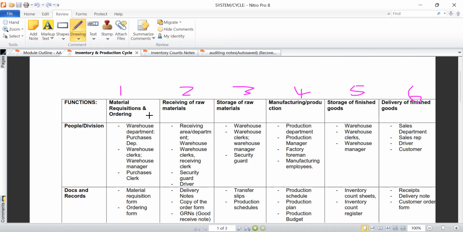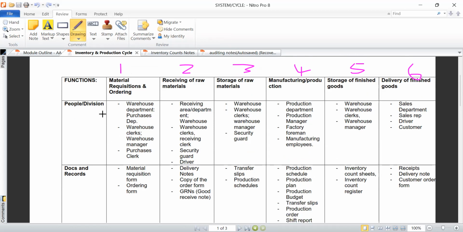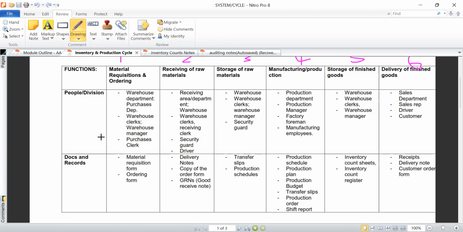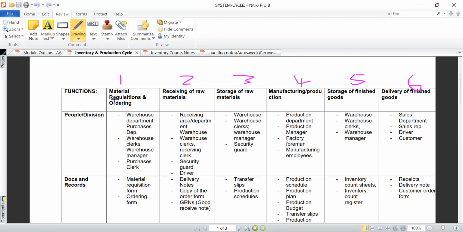Now, let's have a look at the first function. For each of these functions, I'll first start by discussing people involved, documents involved, and their core objective. So let's start with material requisitions and ordering. What exactly is the core objective?